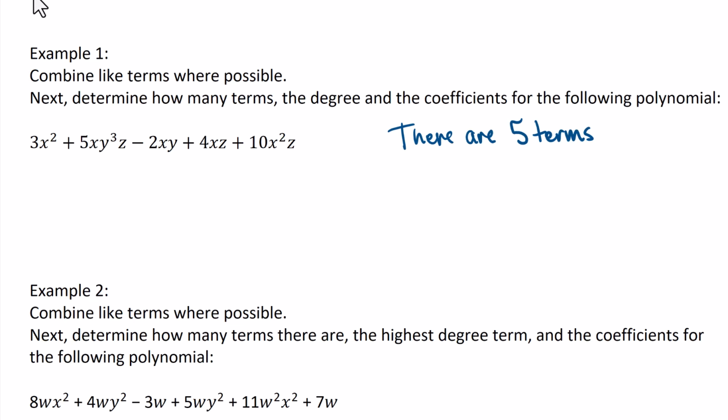The degree of the polynomial is the term with the highest number of exponents summed together. So if I look at these different terms, the exponent on here is just 2. So this is degree 2. If I look at 5xy cubed z, that has an x with an exponent of 1 and a z with an exponent of 1 because we don't write 1 exponents.